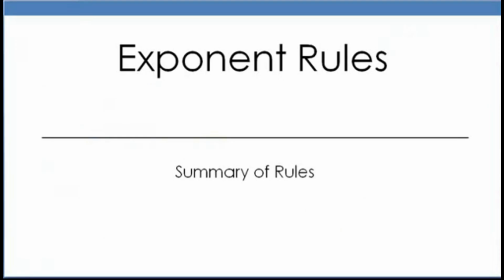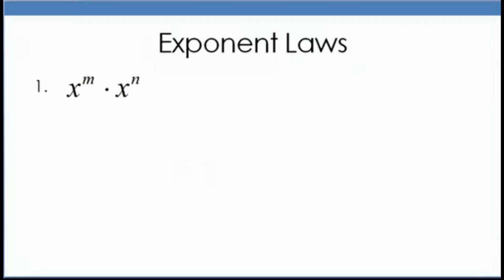Exponent rules. We'll summarize our exponent rules. Our first exponent rule was when we have like bases multiplied, and our rule is to keep the base and add the exponents. Our next rule was a power raised to a power, and we will keep the base and multiply the exponents.